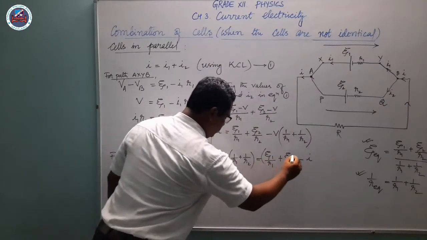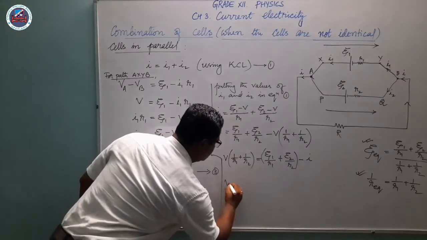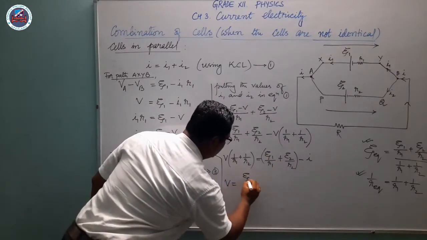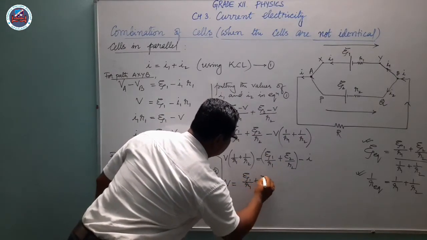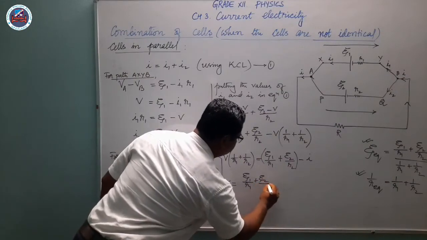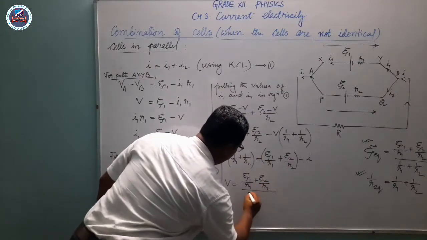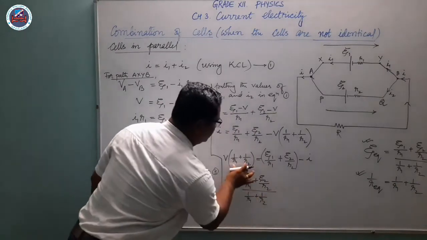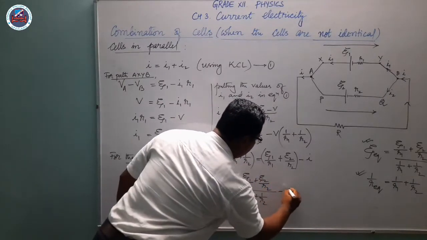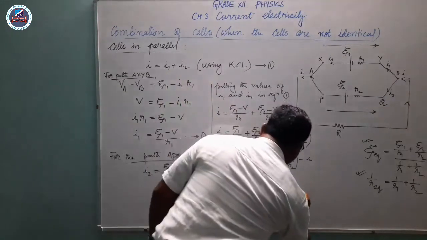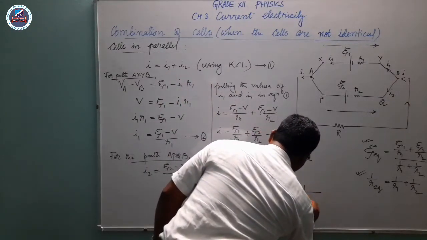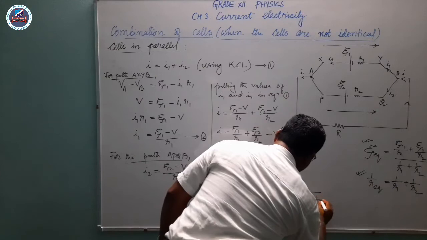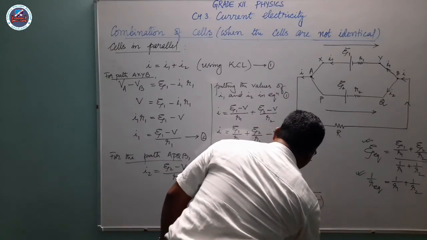So V is equal to epsilon 1 by R1 plus epsilon 2 by R2 divided by 1 by R1 plus 1 by R2, minus I times 1 by R1 plus 1 by R2 brought down.